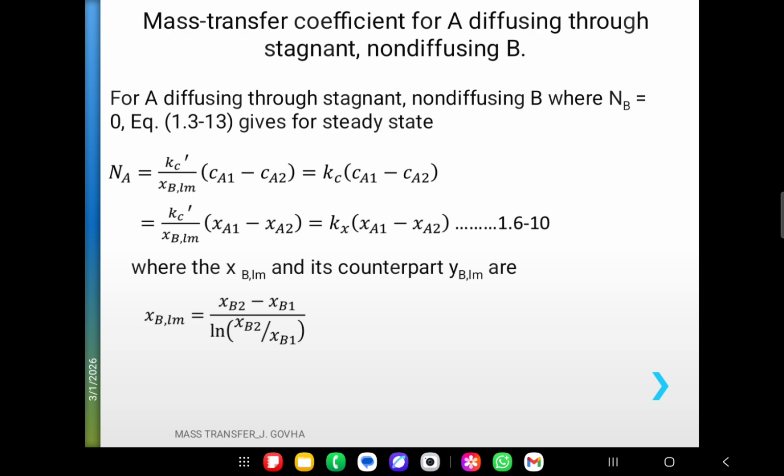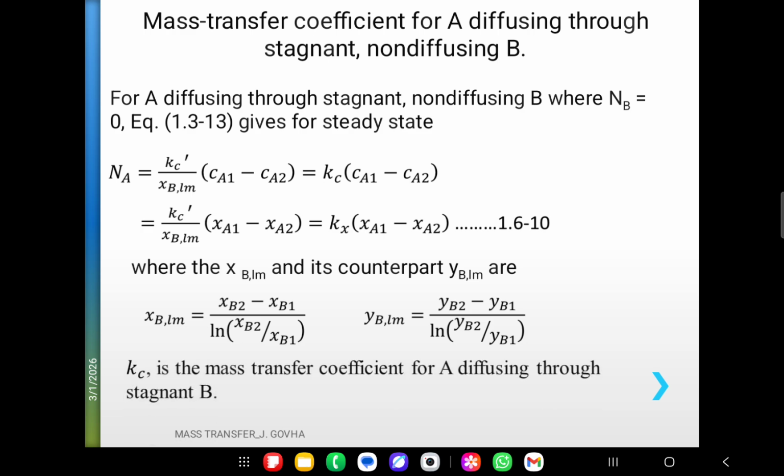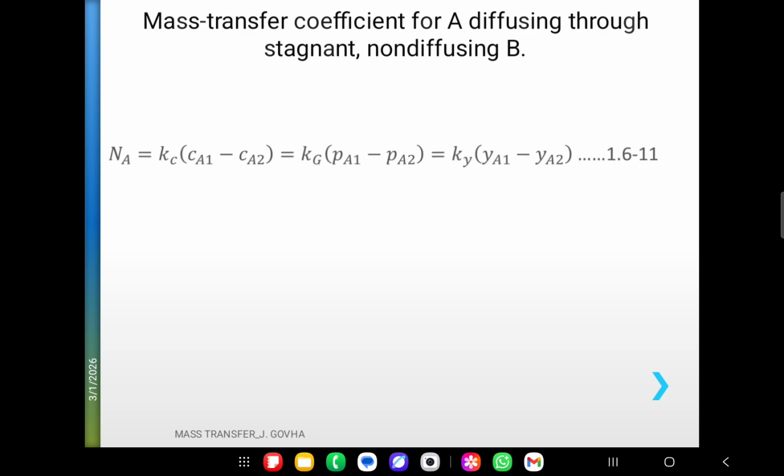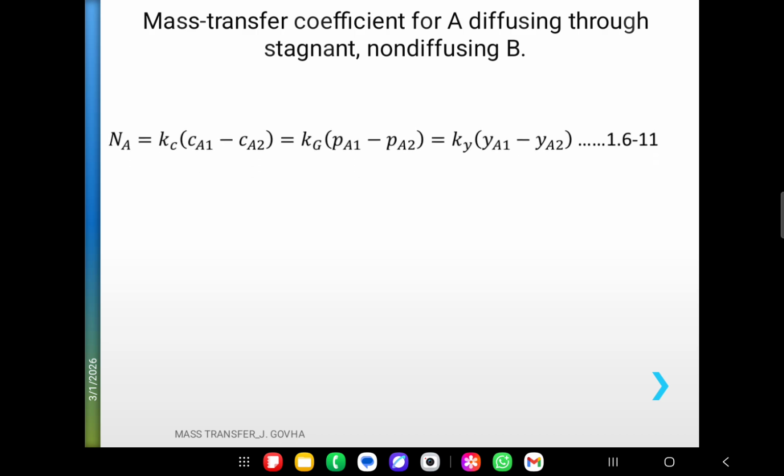So those are log means. These are the equations that we will then use for finding the flux, making use of mass transfer coefficients.